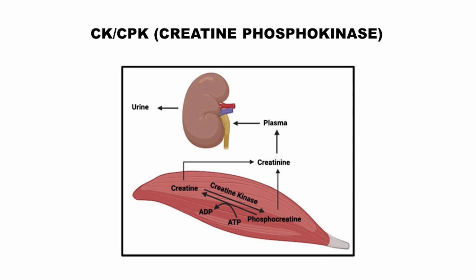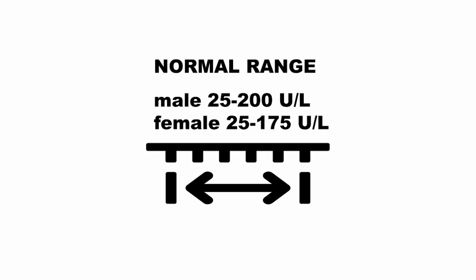There are three isoenzymes: CKMM, primarily found in skeletal muscle, CKMB, primarily found in the heart, and CKBB, primarily found in the brain. The normal range of creatine phosphokinase in males is 25 to 200 units per liter, and in females, 25 to 175 units per liter.